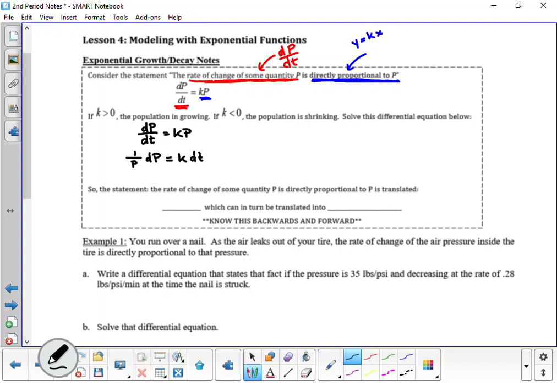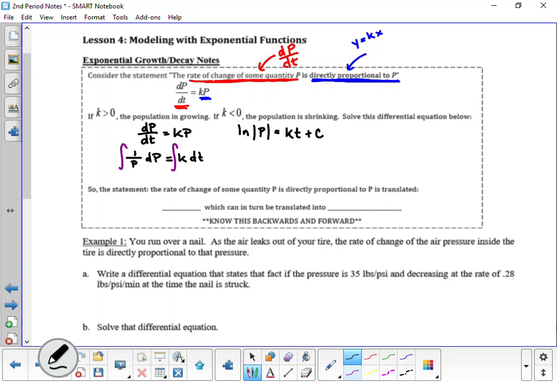Okay, now it's separated. Now if I integrate both sides, then the integral of 1 over p is natural log absolute value of p equals kt plus c, right?